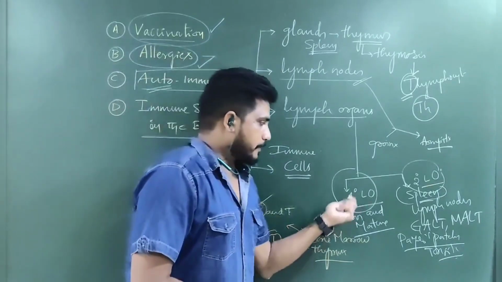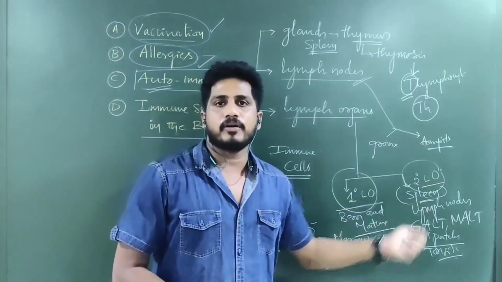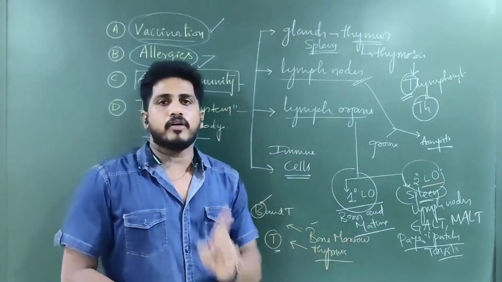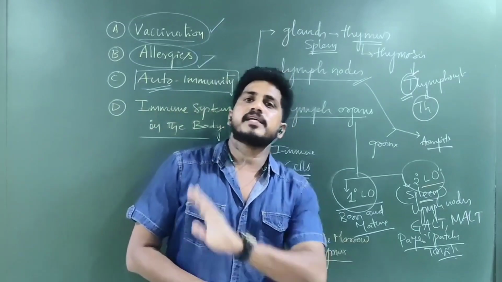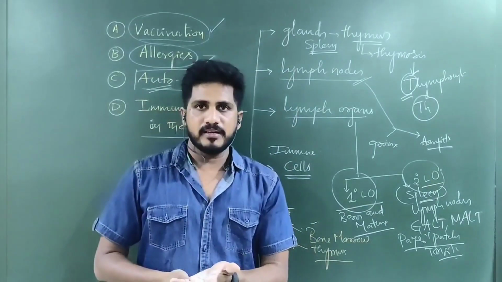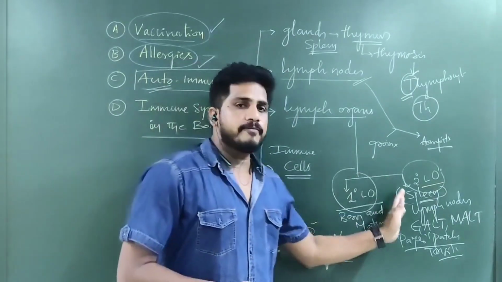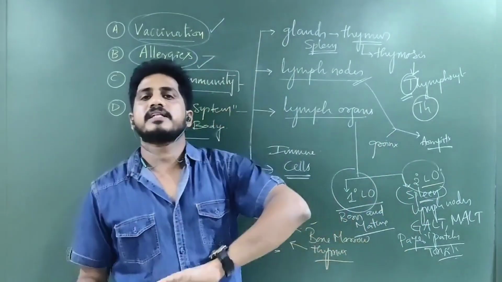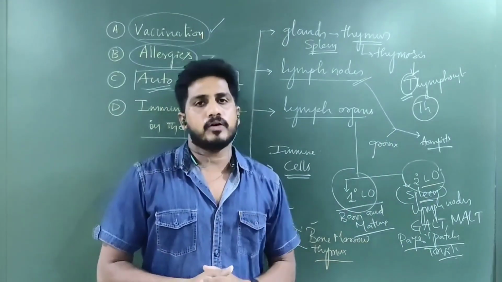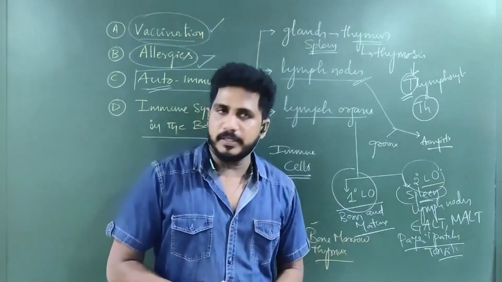So this is the difference between primary and secondary lymphoid organs. One more time, a primary lymphoid organ is a place for immune cell birth and development, not for action. Secondary lymphoid organs are the places where immune cells act on microorganisms. That's why they get infected much.